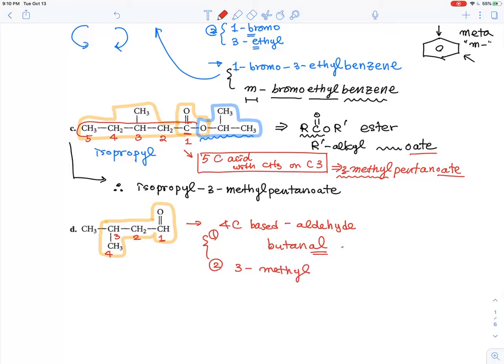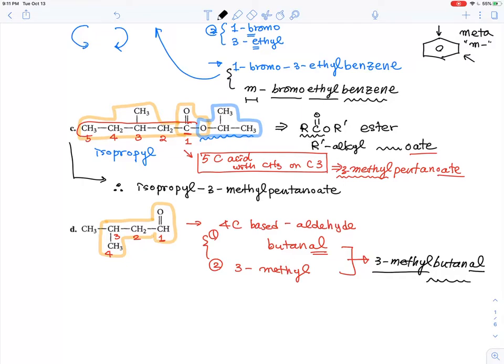So all you have to do is combine those two to find the final answer, which is 3-methylbutanal, and no hyphen because it's not a number. That's an aldehyde, that's your attachment, and that's your backbone.